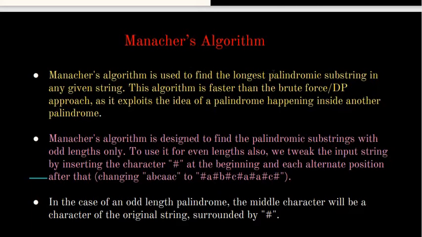Manacher's algorithm is used to find the longest palindromic substring in any given string. This algorithm is faster than the brute force or DP approach, as it exploits the idea of a palindrome happening inside another palindrome. What does this mean? Let's consider an example.